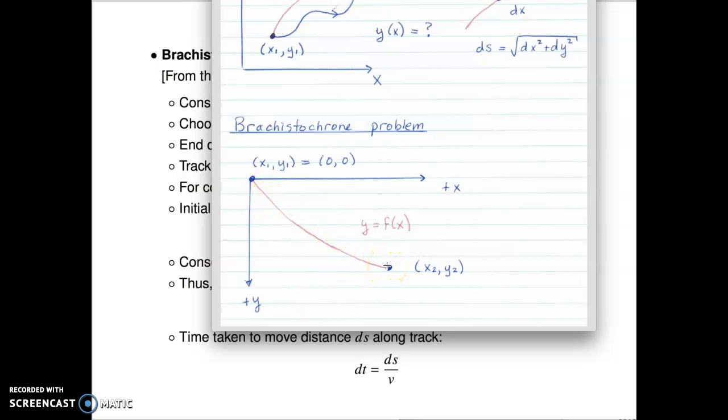Okay, you got that? So you start up here, you follow this track, which is defined by the function f of x, y equals f of x. You end at point 2, and you want this function to be chosen so that it gives you the minimum time to go from point 1 to point 2.